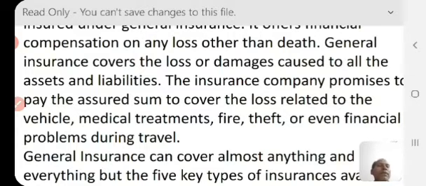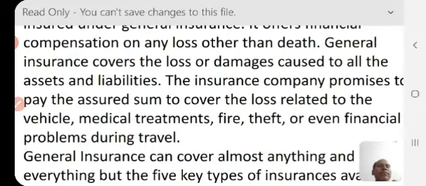Even though he is capable, generally SBI takes the insurance policy on the loan amount, that is the liability.